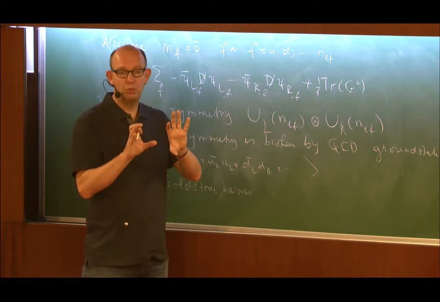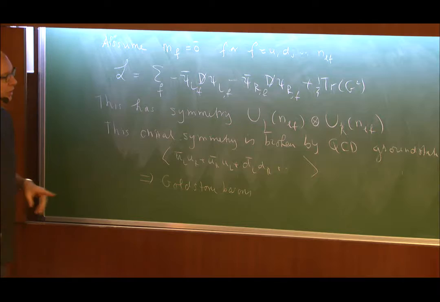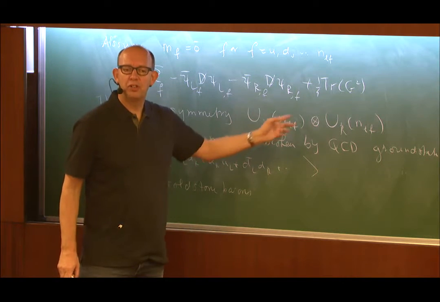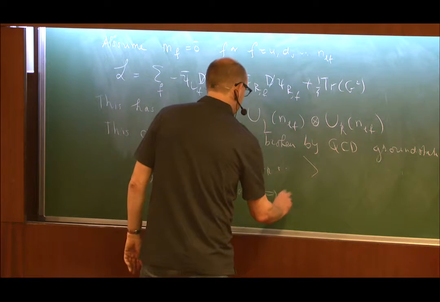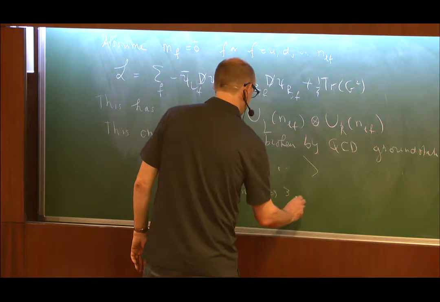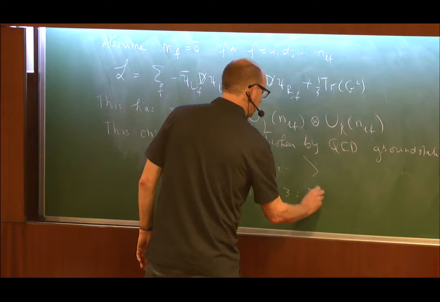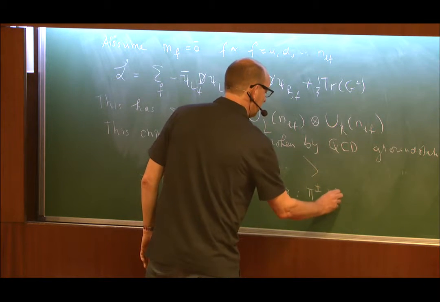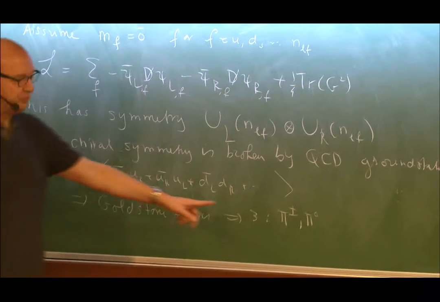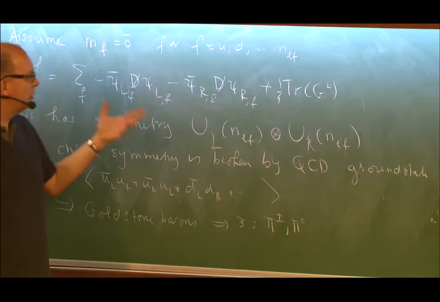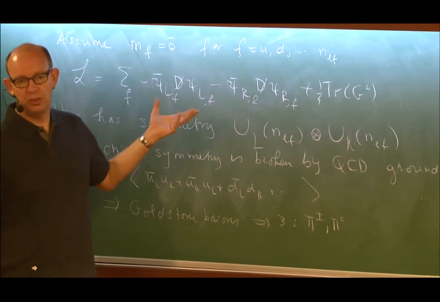But one of the other U2s, a linear combination of them, is broken. That means three Goldstone bosons. And these will be the pi plus, the pi minus, and the pi zero. So we can explain pions as the Goldstone bosons of the broken global symmetry of the QCD Lagrangian.